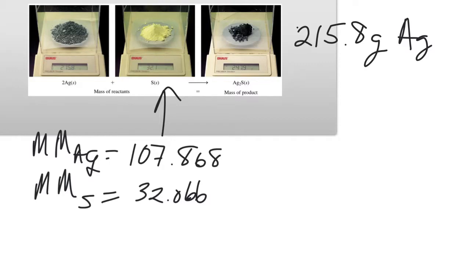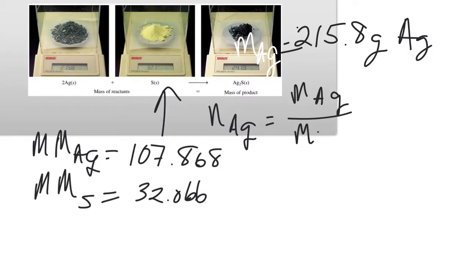We're going to take the same equation that we had from before, and the number of moles of silver is going to be equal to the mass of silver divided by the molar mass of silver.